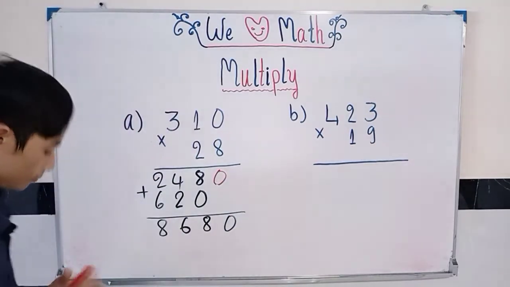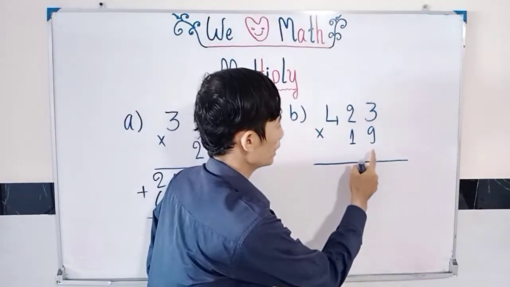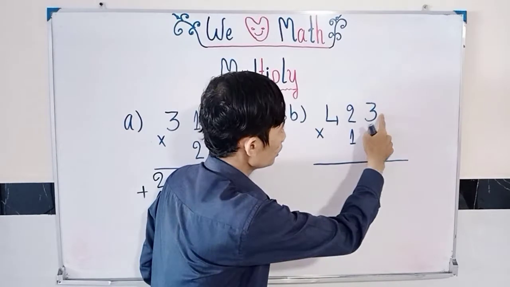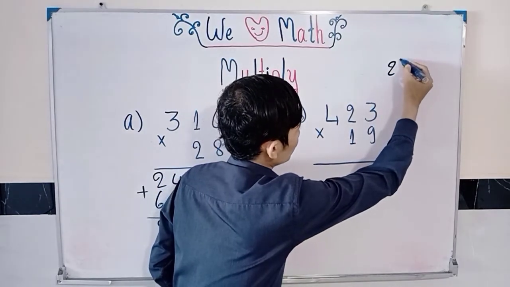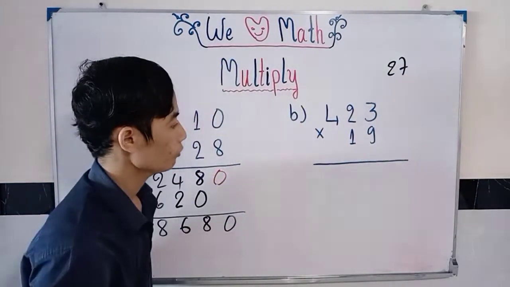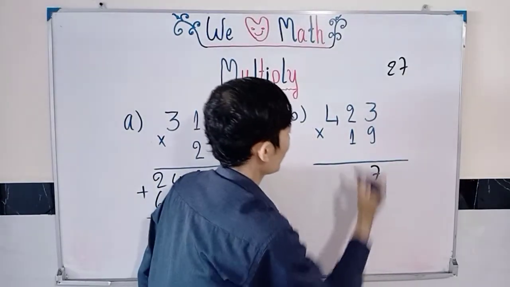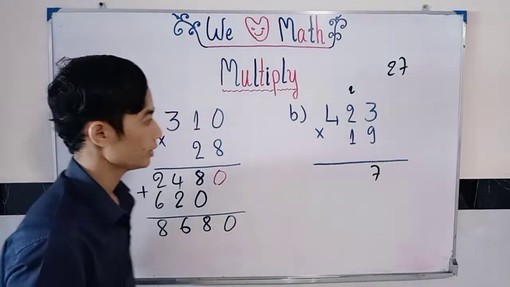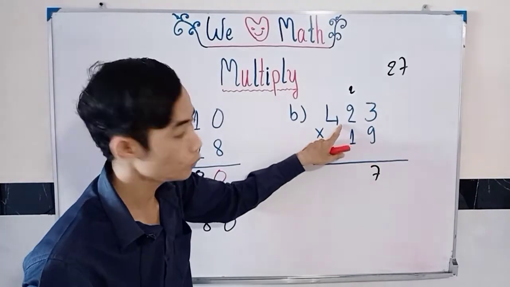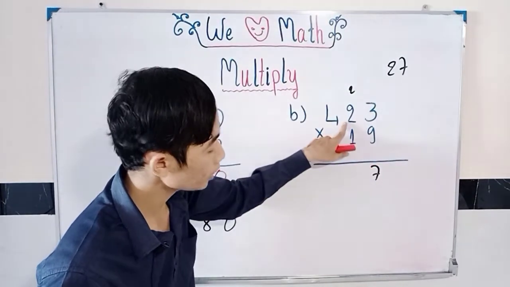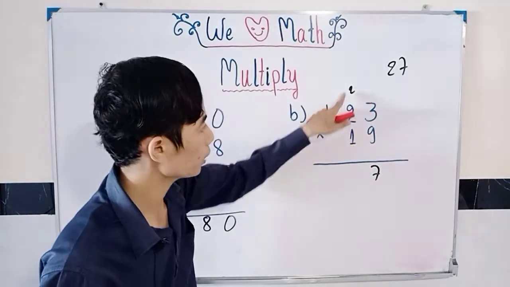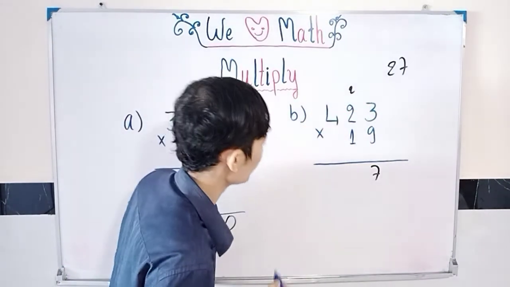Let's start. 9 times 3 equals 27, right? We write 7 and we carry the 2. Then 9 times 2 equals 18. 18 plus 2 equals 20, right?